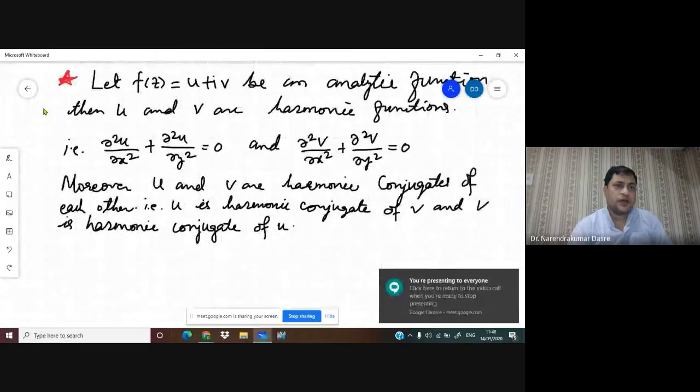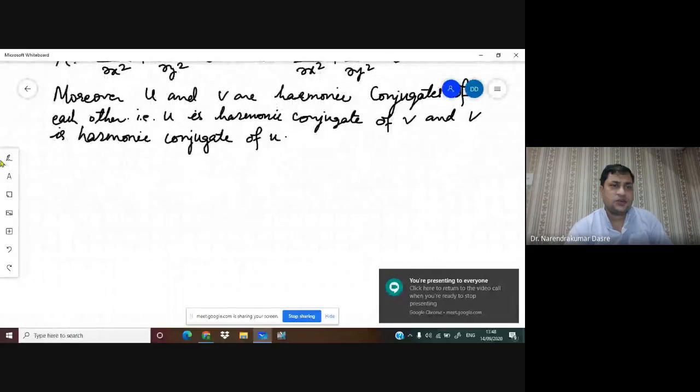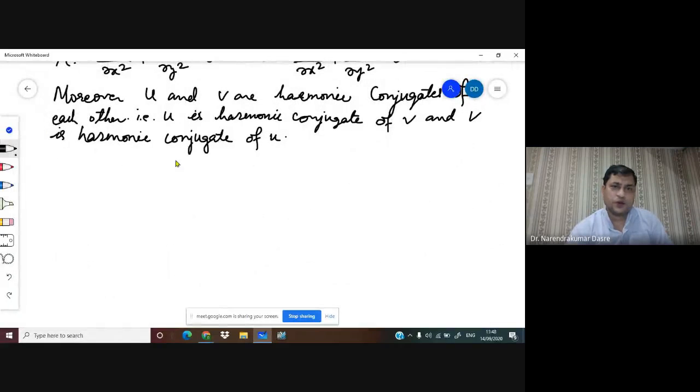Okay, so we'll see some examples based on the harmonic function. So we go with the example.